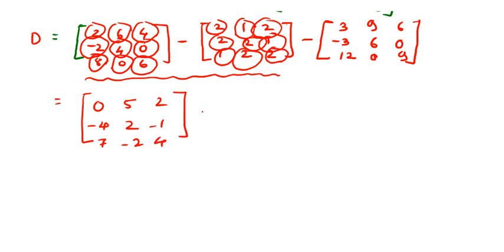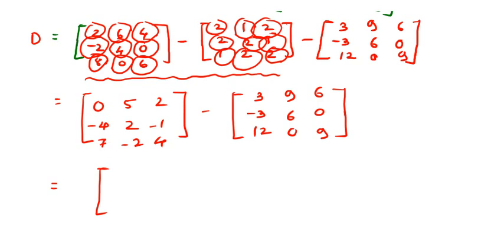And minus the matrix as it is, 3 minus 3, 12, 9, 6, 0, 6, 0, 9. Again one more subtraction we need to take.